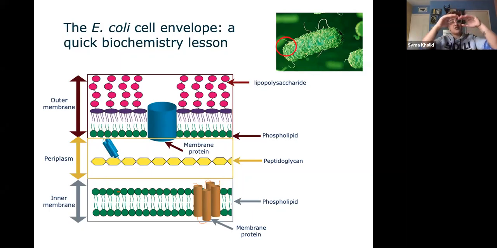So this arrangement of the two membranes and the peptidoglycan surrounds the entire cell. You have to breach this defense if you want to gain access to the inside of the cell, which many antibiotics do. Antibiotics work by either breaking the cell envelope and destroying it, or by getting through it into the cell and interfering with some process inside the cell.